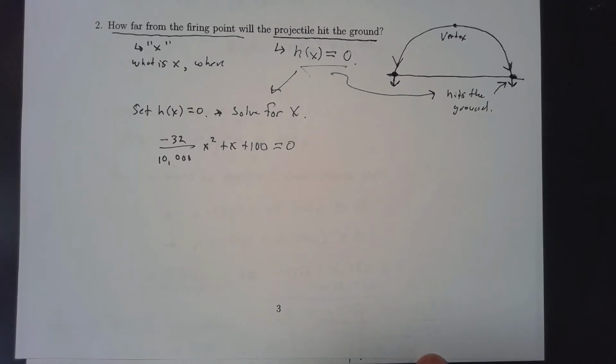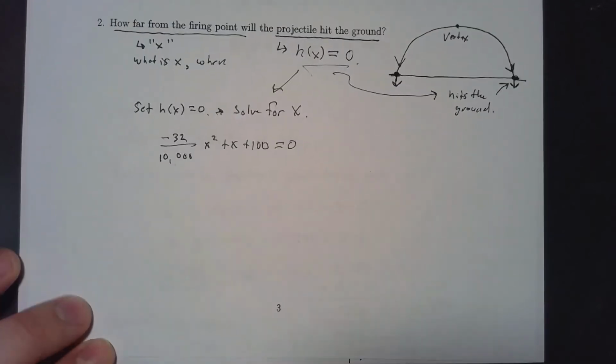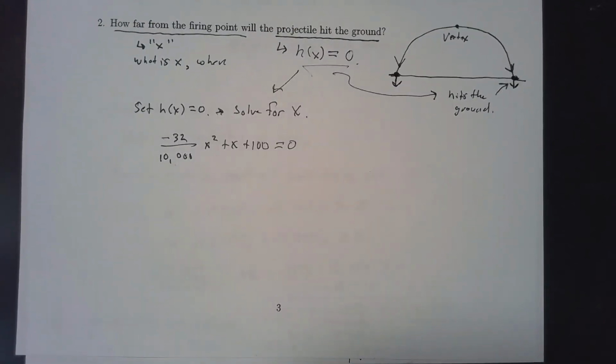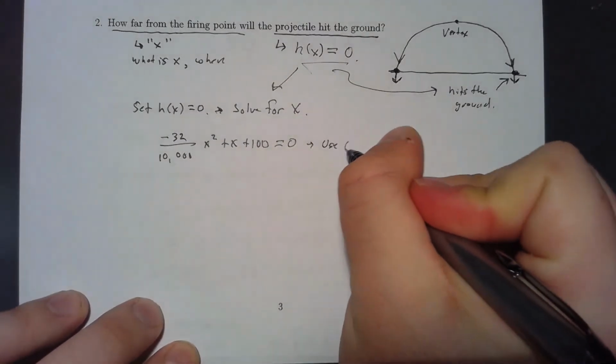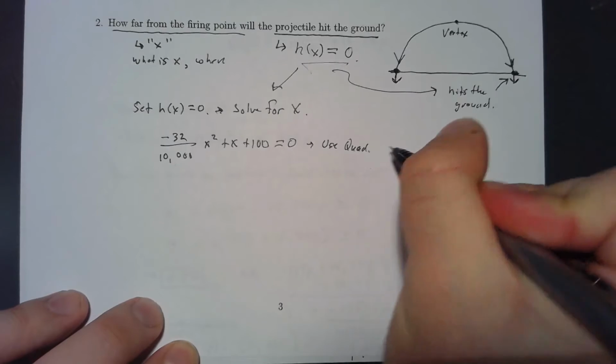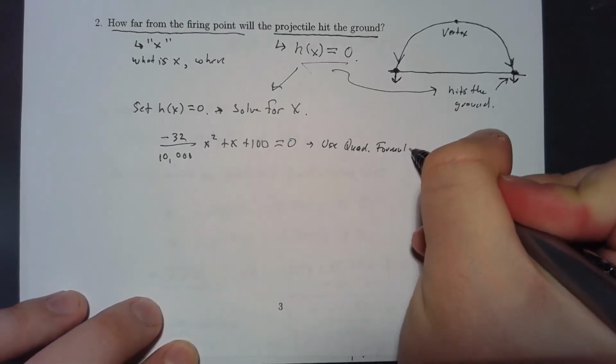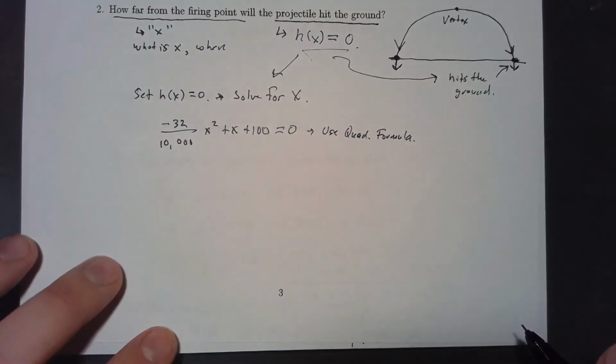I would not attempt to factor that because of this big ugly value. Obviously you would not factor that. I wouldn't even complete the square on that. But you could use the quadratic formula. So you just have to be a little careful.